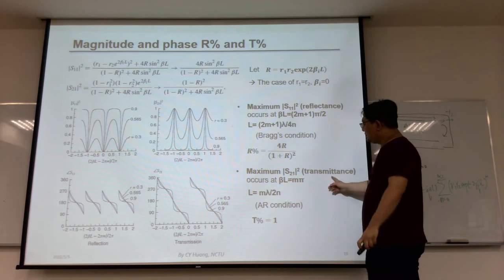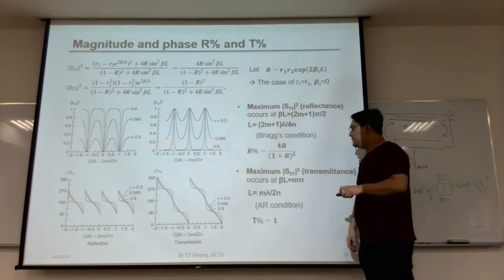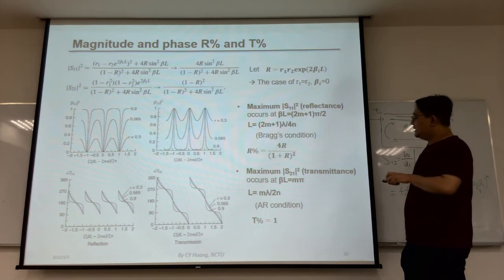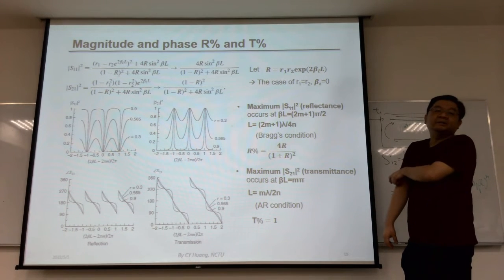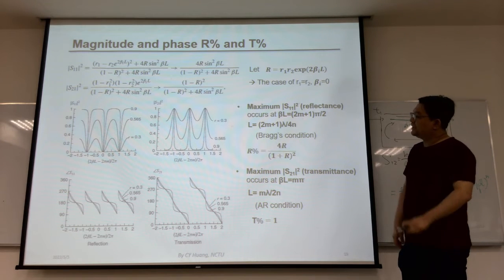And the other case is when do you get a maximum transmission? It happens when the beta L is equal to an integer multiple of pi. Then this is the maximum transmittance, which we can call the AR condition. So in this case, the transmission will be 1.